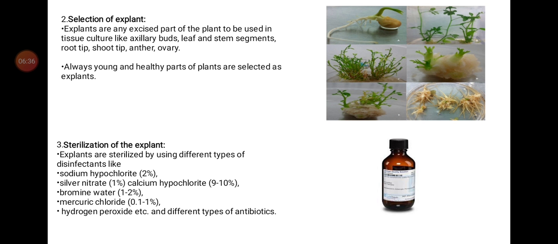Sterilization of the explant. Sterilization is very important for plant tissue culture. Not only the explant, we also have to sterilize the equipment which we will use for plant tissue culture. There are so many chemicals available in the market such as sodium hypochlorite, silver nitrate, calcium hypochlorite, bromine water, mercuric chloride and hydrogen peroxide.